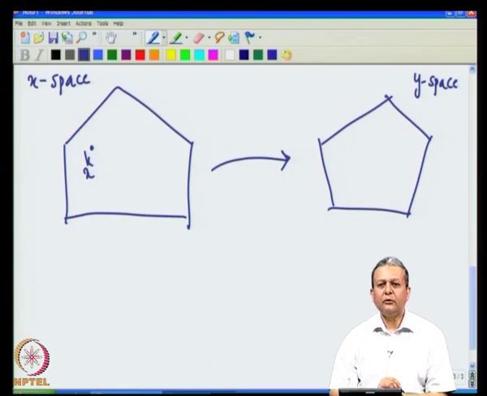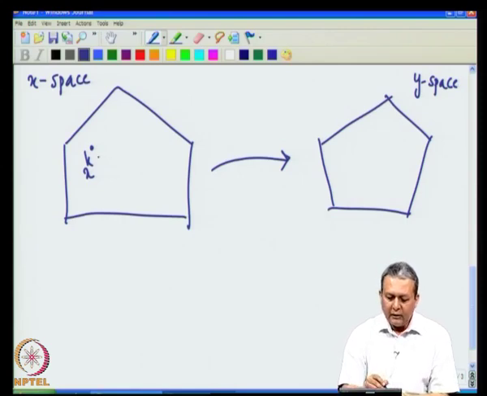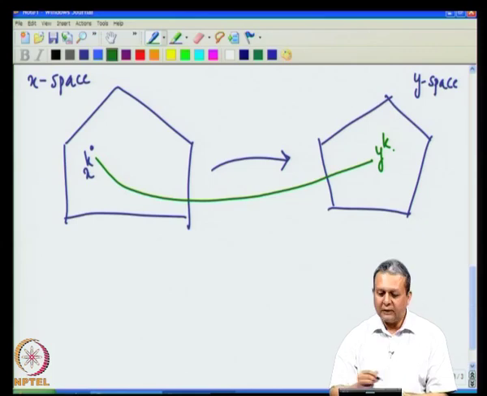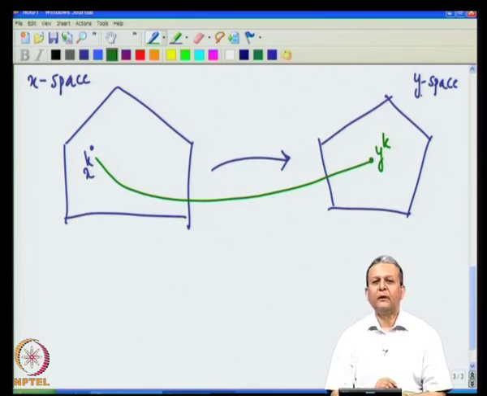This transformation should be done such that the point xk gets transformed to a point yk in the y space, such that yk is close to the center of the feasible region. This is done to make sure that the improvement in the objective function is considerable.